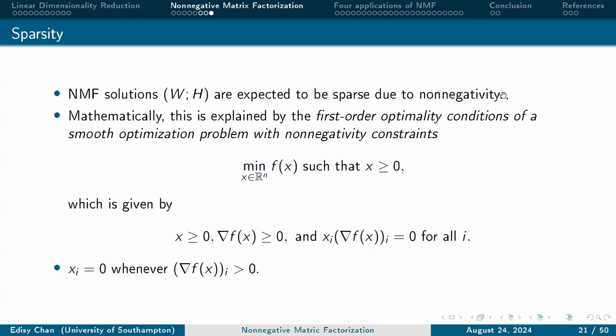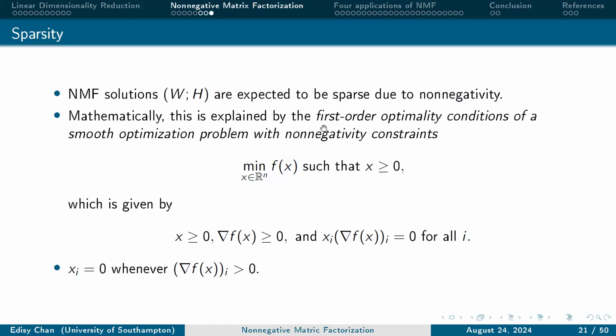Especially if we consider the non-negative data set, the NMF solutions W and H are expected to be quite sparse. Mathematically speaking, the problem we're considering is a smooth optimization problem with non-negativity constraints.